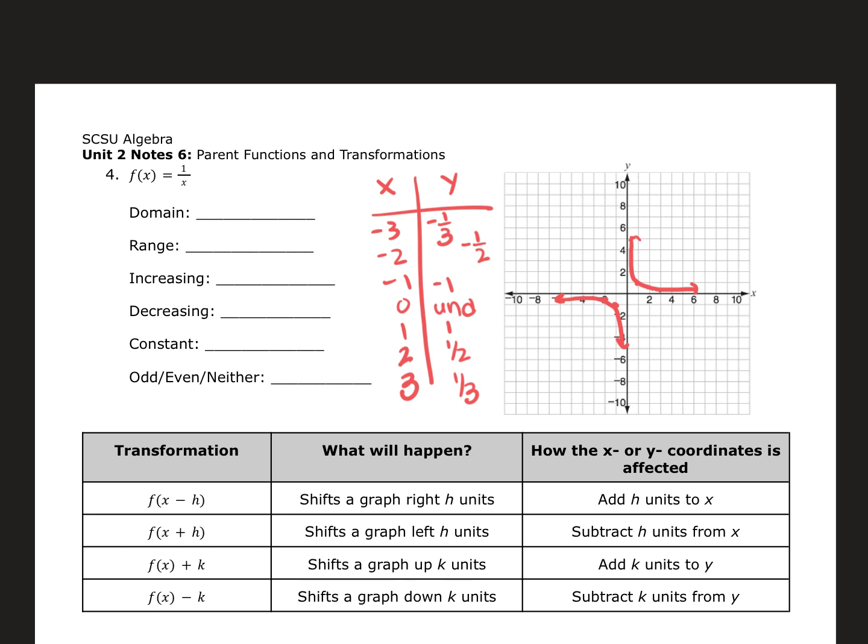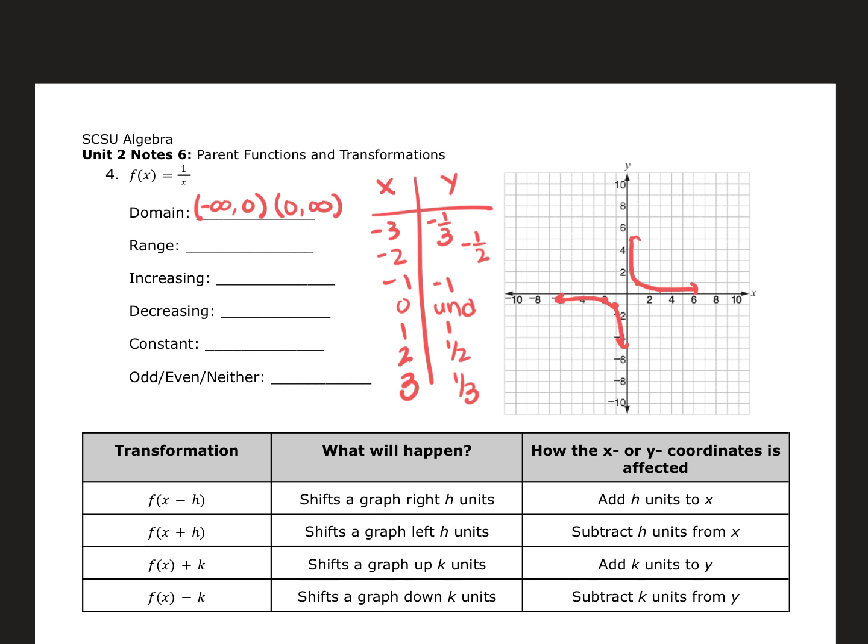When you're looking at your domain then, I have all negative x values and I have all positive x values, but I don't have anything at 0. So we cannot include our 0, and we have to write it like this. We have to write it -infinity to 0, not included, but then we pause and we go from 0 to infinity.